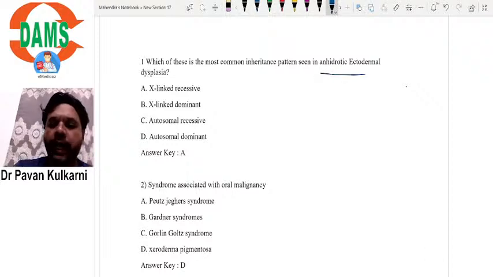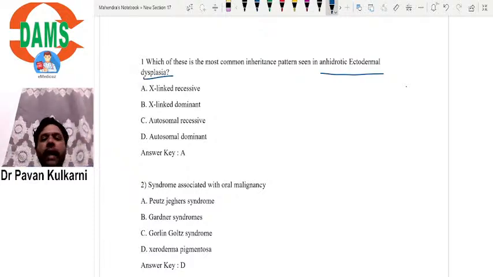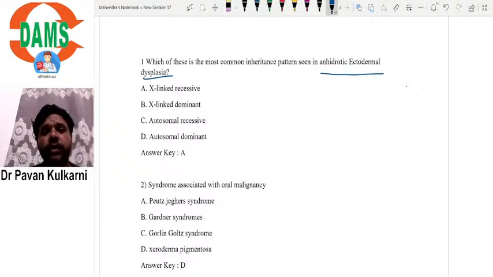Anhydrosis means less sweating or no sweating. Ectodermal dysplasia is one particular skin disease in which the sweat glands will be hypoplastic. If the sweat glands are totally hypoplastic or absent, then the person won't sweat. That is called anhydrosis.